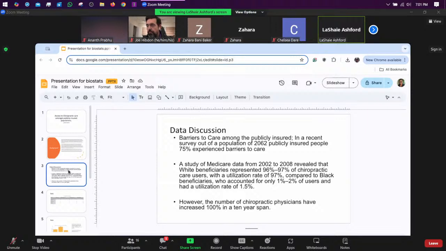With those numbers, the number of chiropractic physicians has doubled in a 10-year span, according to another study, which suggests that chiropractors are not being hired or putting their offices in underserved communities.